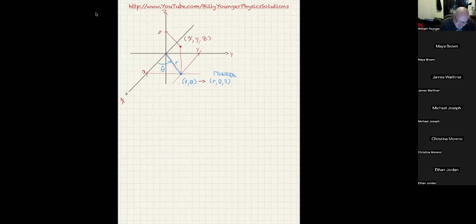Okay, and in fact, you would define the r hat vector as a little vector that continues along this line in the xy plane, has a unit length, and points that way. Then you'd say the theta hat vector is in fact also in the xy plane and is 90 degrees ahead of it and looks like that.